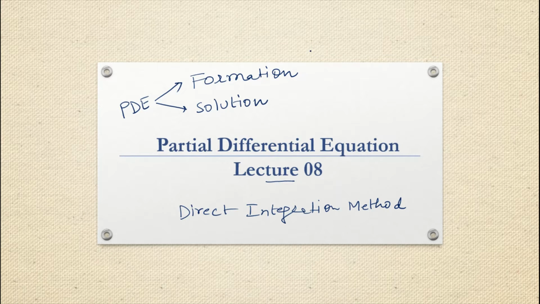What is formation? Suppose I'm talking about any relation, right? z equals maybe x plus y, where z is a function of x and y, because we are talking about a multivariable function, because we are working on PDE, correct? So this is the relation z equals x plus y.